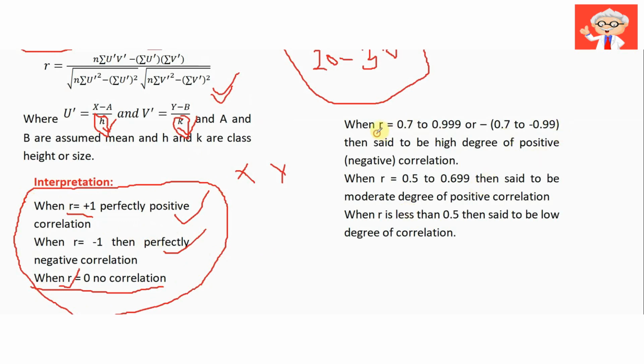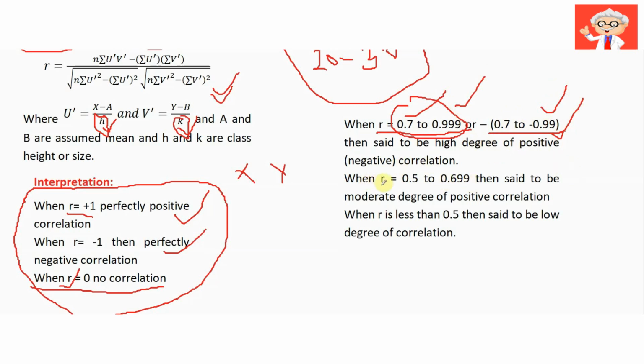If the value of r is 0.7 to 0.99 or minus 0.7 to minus 0.99, then it is said to be a high degree of positive or a high degree of negative correlation. It means if our value lies between 0.7 and 0.99, it is a high degree of positive correlation, and if our value lies between minus 0.7 and minus 0.99, it is a high degree of negative correlation.